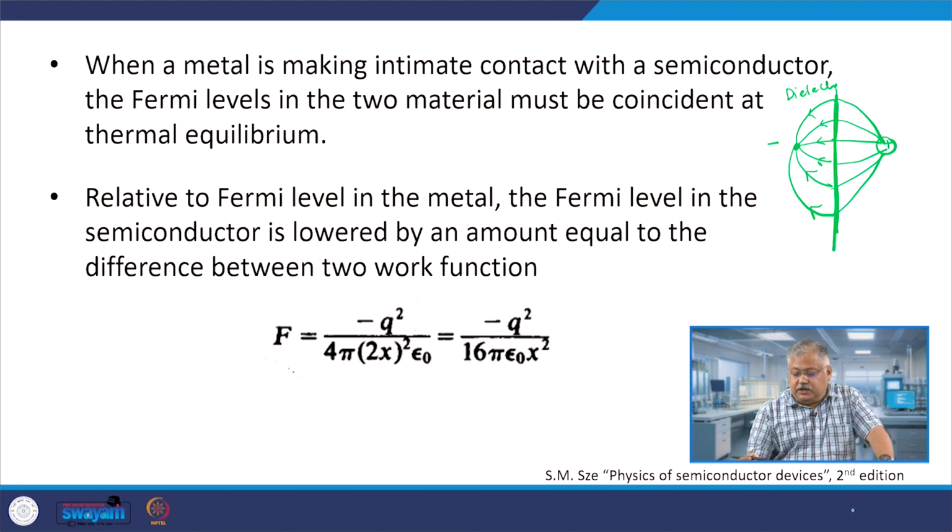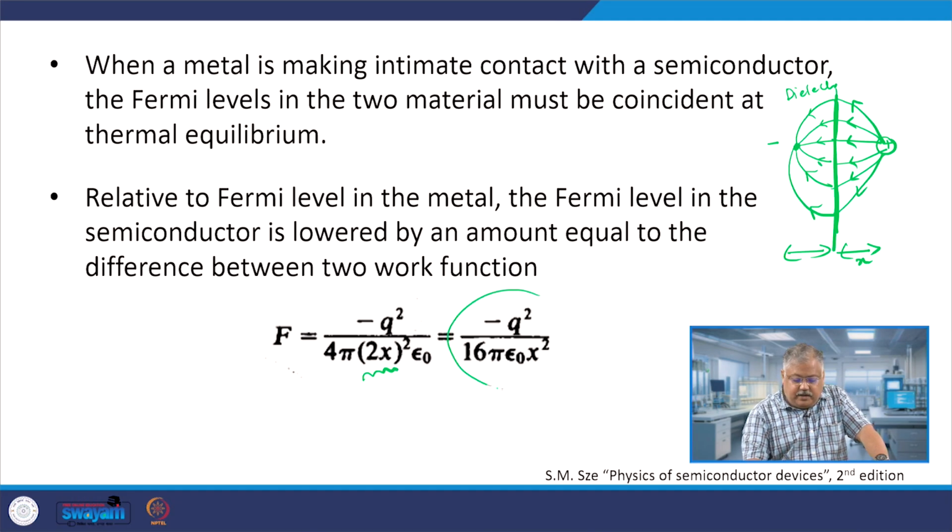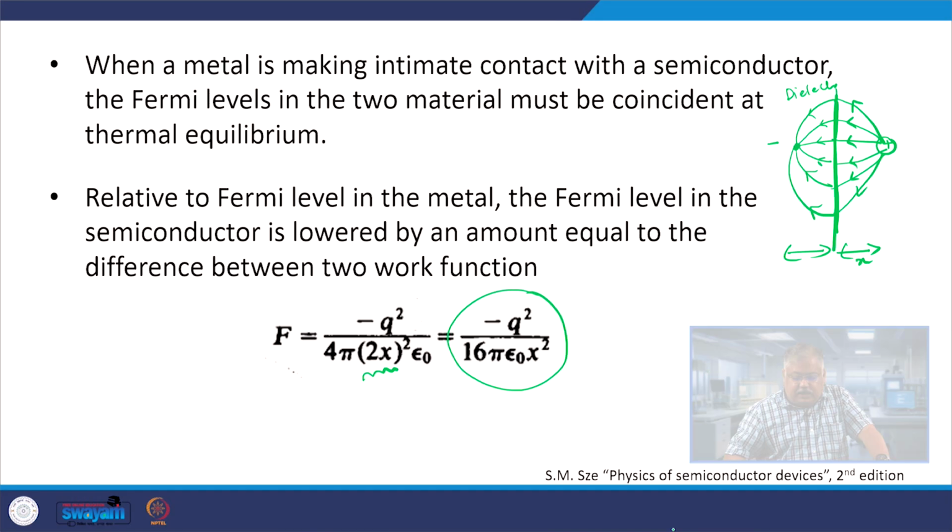Because of this there will be an effect. Though there is no net electric field, conceptually I can say there is an electric field because there are two charges separated by a distance. If this distance is x, let us assume that this distance is also x. So, the total distance is 2x, and therefore I put 2x here and I get q squared by 16 pi epsilon 0 x squared as the force.